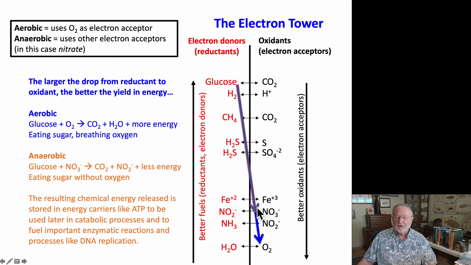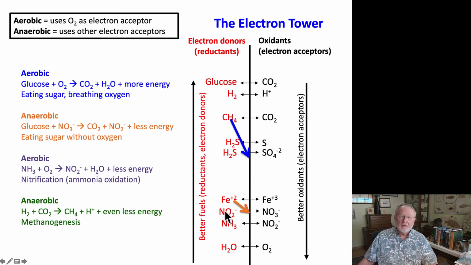Obviously, the production of nitrite from nitrate doesn't give you as much energy as the production of water from diatomic oxygen, because the drop is bigger in the exchange reaction of glucose and oxygen to produce water and CO2 than it is with glucose plus nitrate.